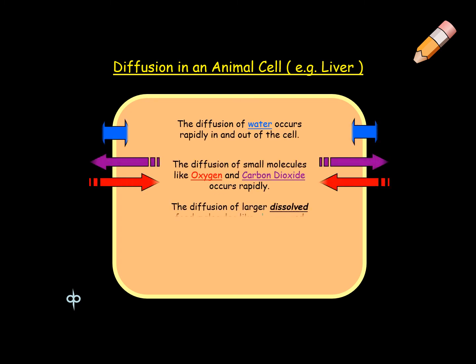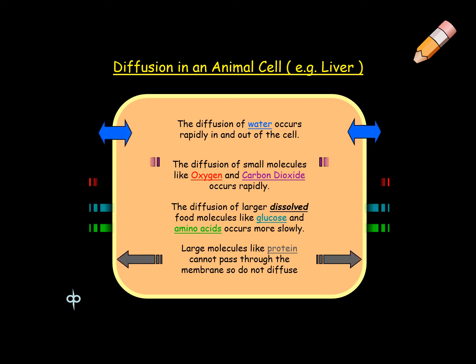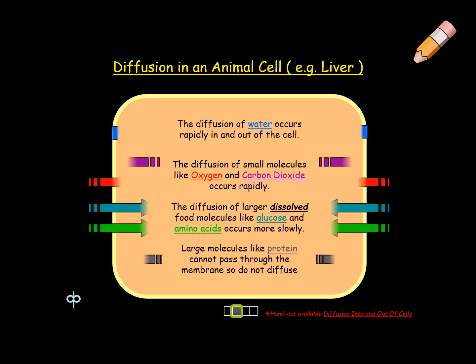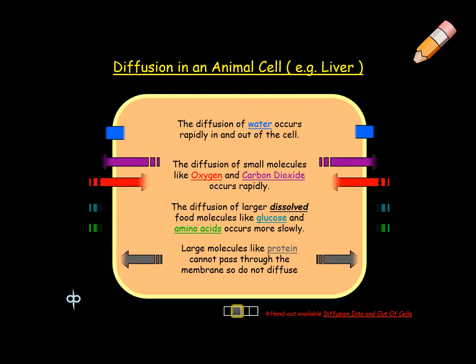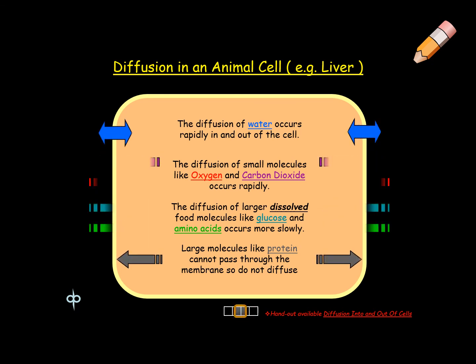So this is just a summary of what I have just said. The diffusion of water occurs rapidly in and out of the cell. The diffusion of small molecules like oxygen and carbon dioxide occurs rapidly. The diffusion of larger dissolved food molecules like glucose and amino acids occurs more slowly. And large molecules like protein cannot pass through the cell membrane, so do not diffuse.